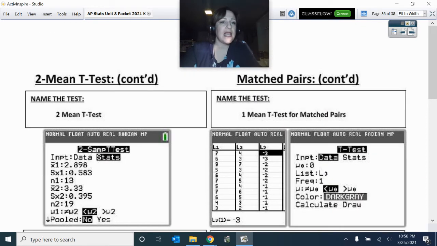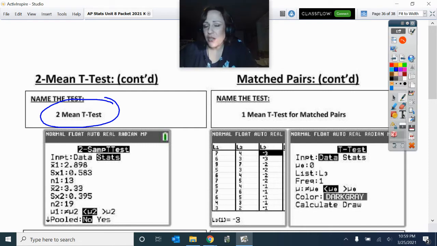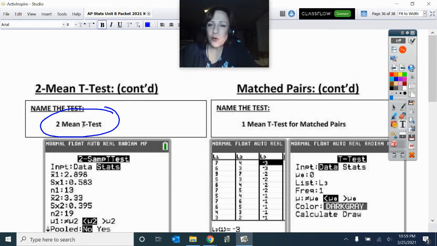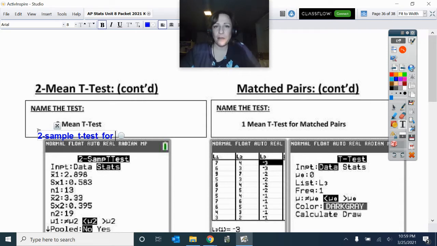The name, 2-sample t-test for means. This year I'm calling it a little different, because I noticed in AP criteria, they called it something a little different. So let me write that down here. They call it 2-sample t-test for means.